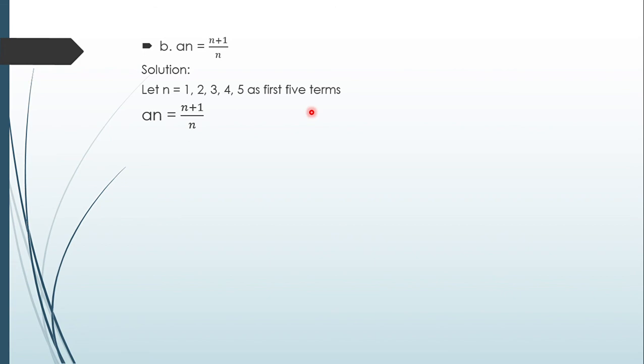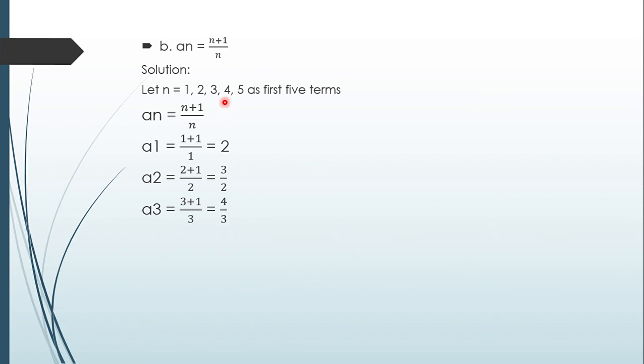So, this is the formula. N plus 1 over n. Simply substitute. 1 plus 1 divide 1 is 2. Next. Again, substitute 2 sa n plus 1 over 2 is equal to 3 over 2.